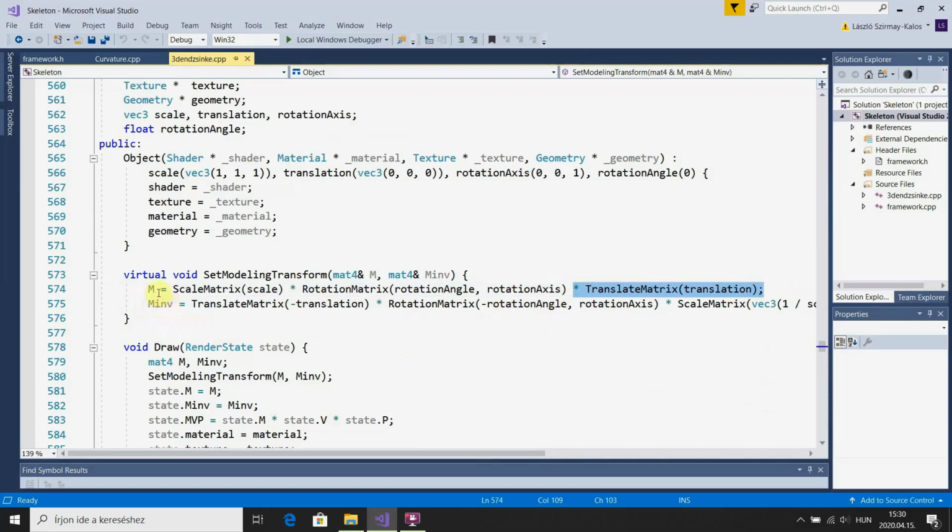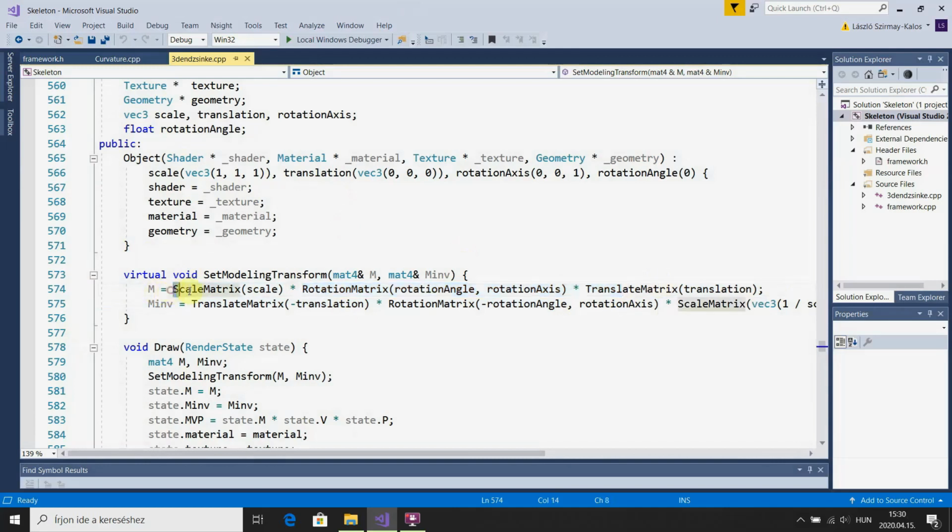M-inv is the inverse of transformation matrix M. Generally, it's not so easy to invert a 4x4 homogeneous linear transformation matrix, but we are lucky here because we represented the transformation matrix by elementary transformations like scaling, rotation, and translation, and these elementary transformations are trivial to invert because of their geometric meaning.